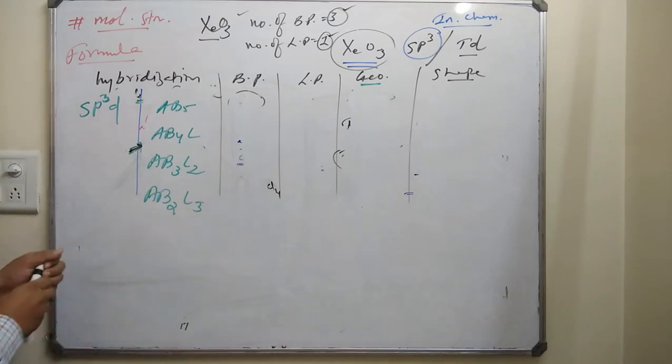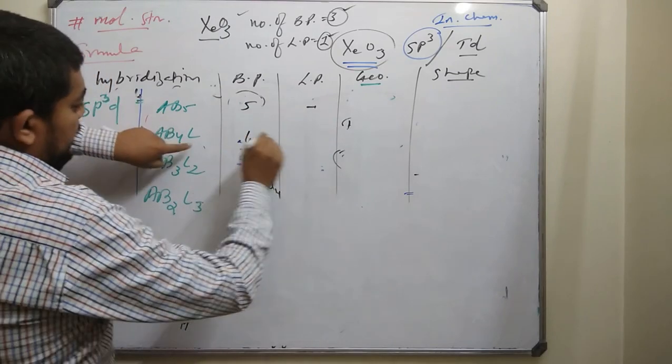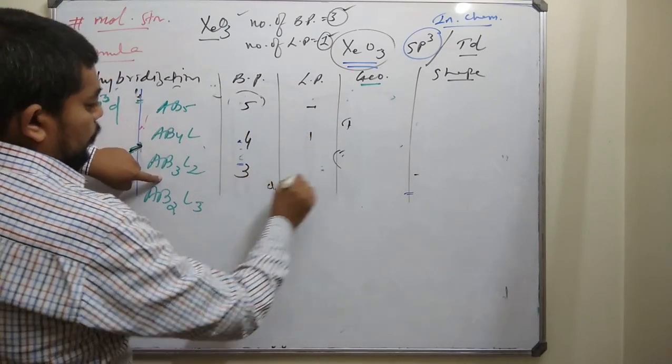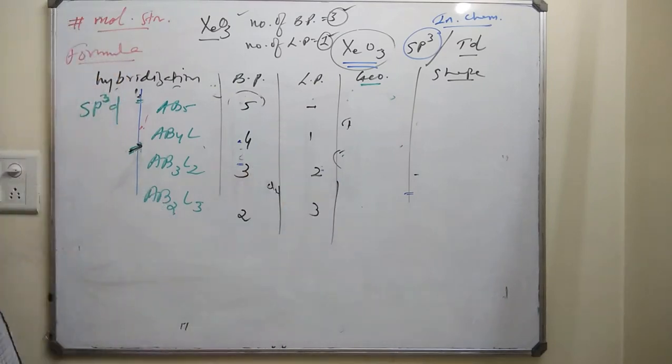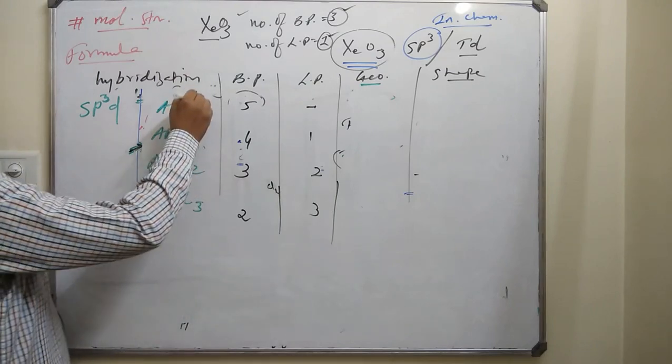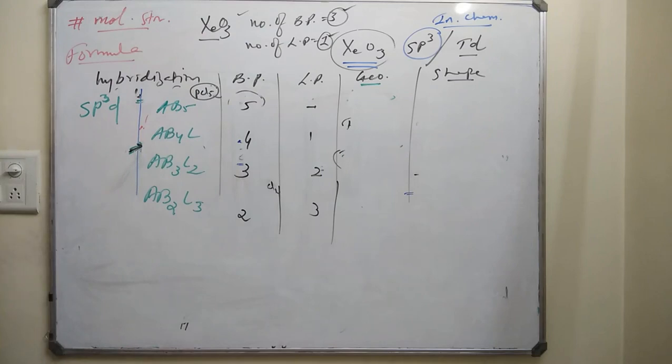Friends, remember the B indicates the number of bond pairs, L indicates the number of lone pairs. And when you have 4 such combinations, you at least require 4 examples. So the example number 1 is PCl5.